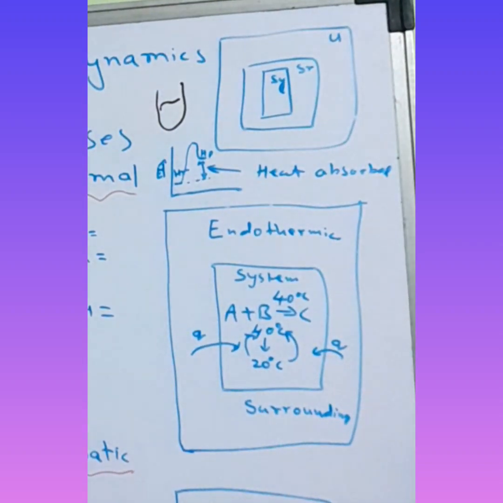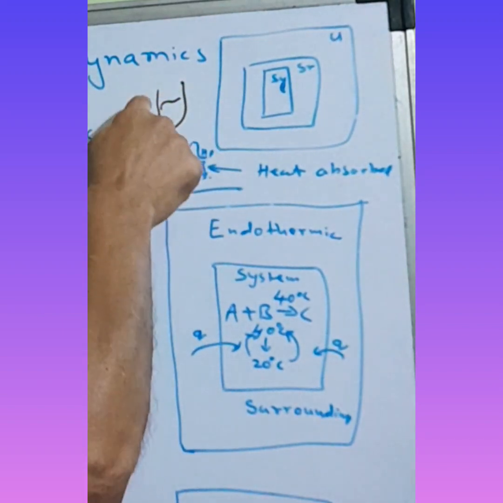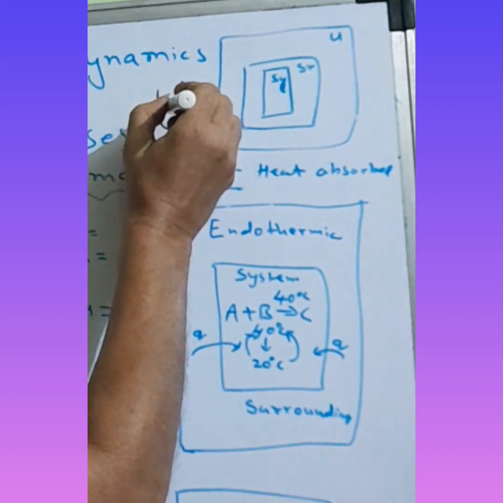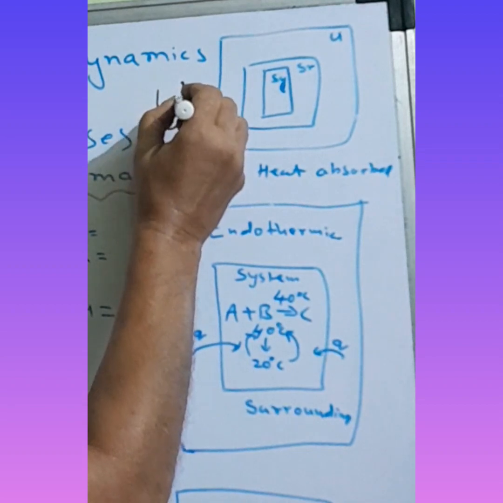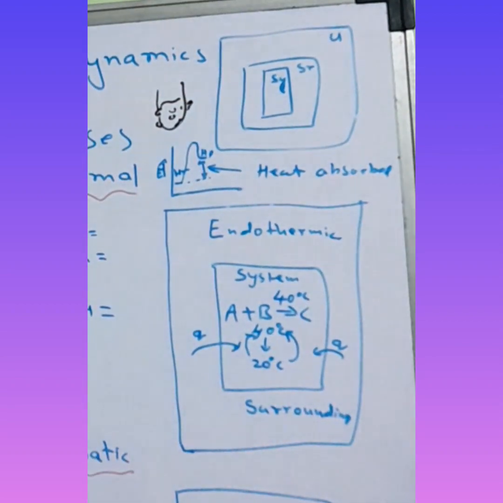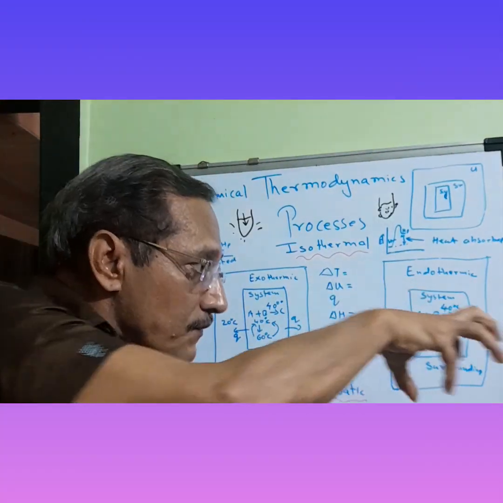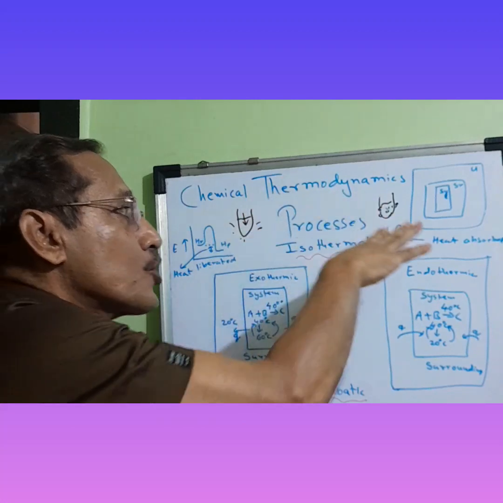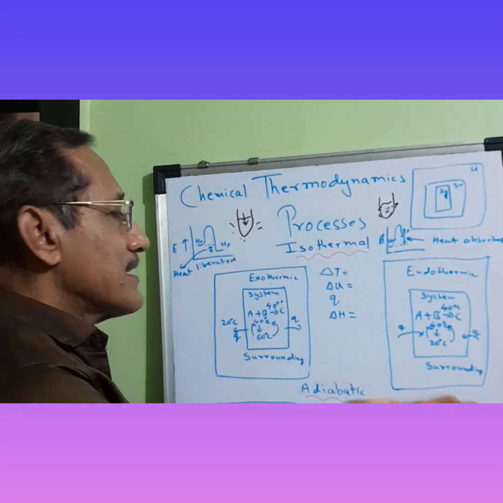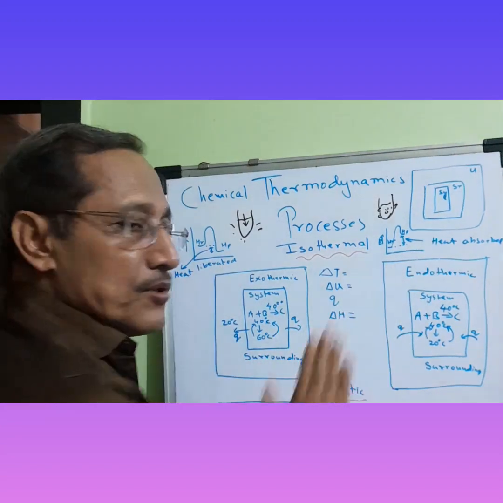As soon as I put ammonium chloride, shake it a bit, you'll find that it would get absolutely cold, so cold that outside we would see water droplets condensed. Why is it so? Because it has taken this much heat from the system and it has cooled the system. So that's the difference between exothermic process and endothermic process.